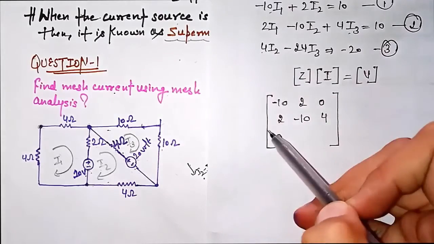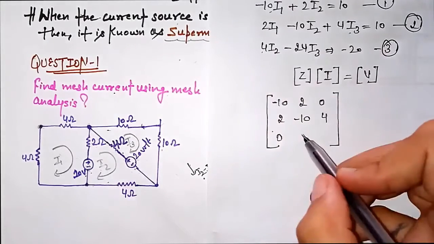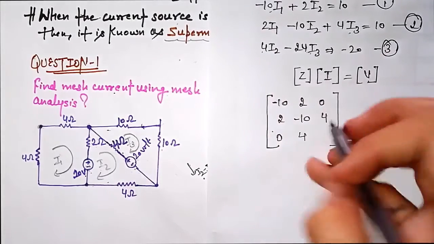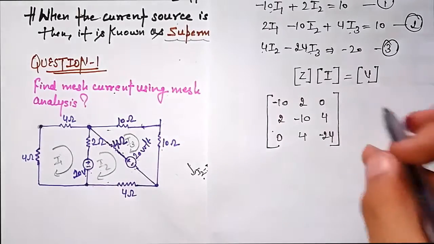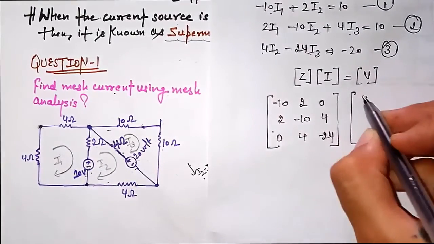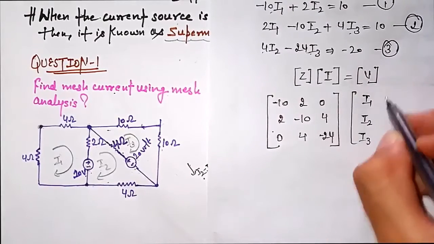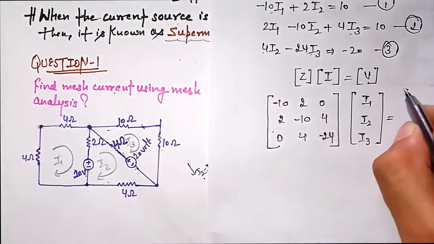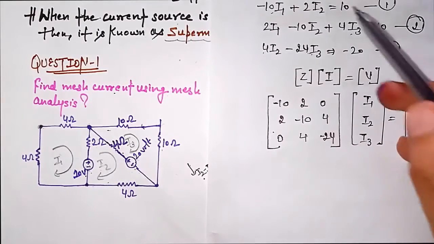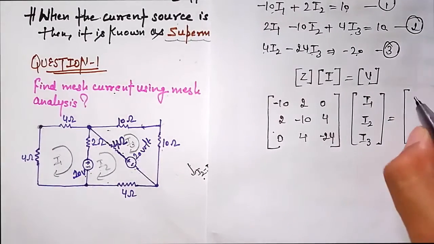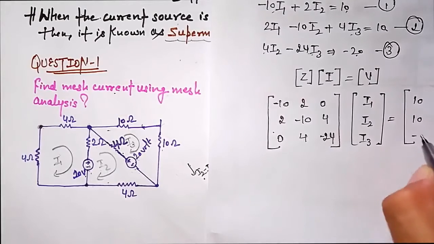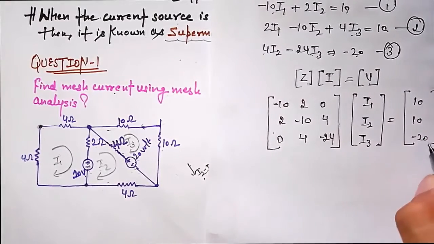I1 is not given in equation 3, so we write 0, 4 for I2 and minus 24 for I3. We need to find our mesh currents, which are I1, I2, and I3. And the voltages are 10, 10 and minus 20.